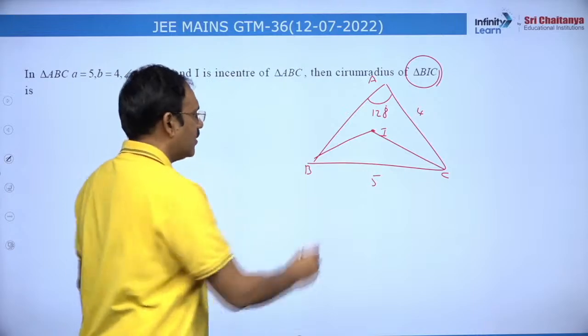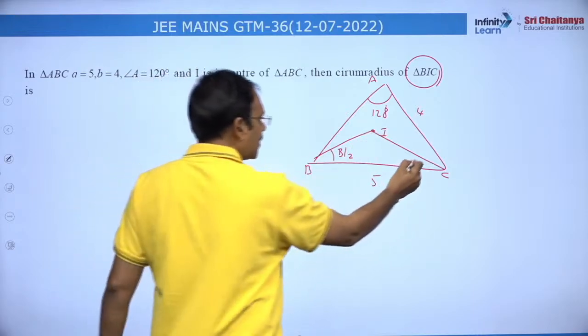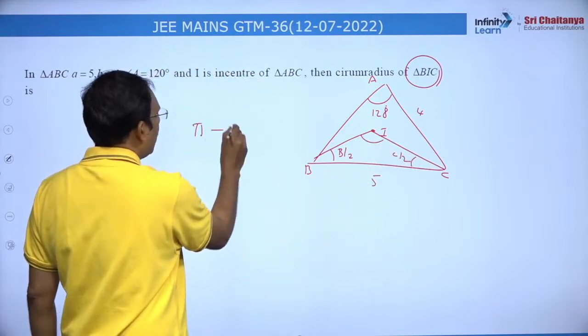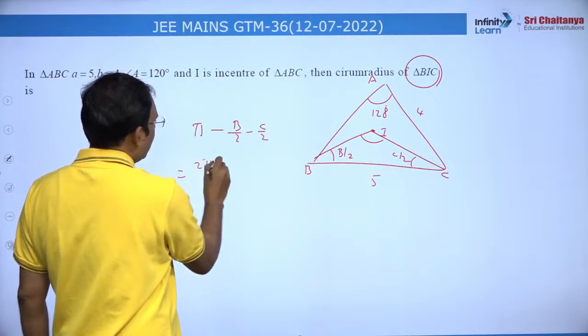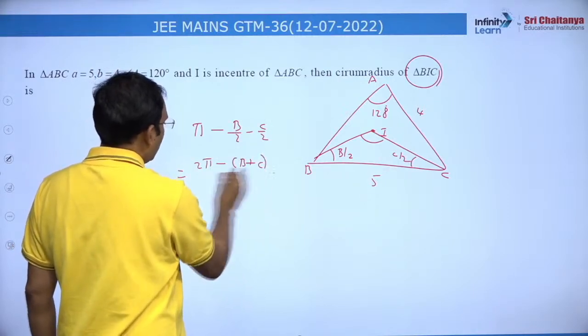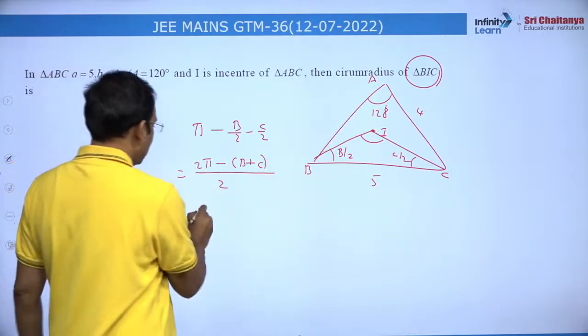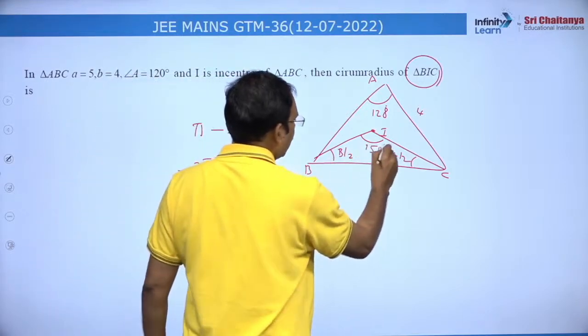You see, my dear friend, this is going to be B by 2, because it is the internal angular bisector. This is C by 2. So, this angle is going to be pi minus B by 2 minus C by 2, which is pi minus (B plus C) by 2. Arre yaar, A is 120, B plus C is going to be 60. So this is 300 degrees by 2, which is 150 degrees, my dear friends.